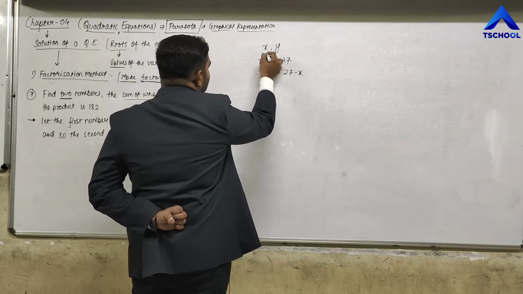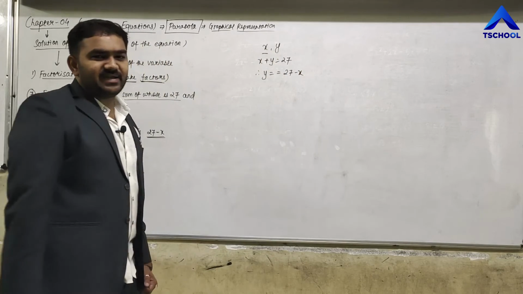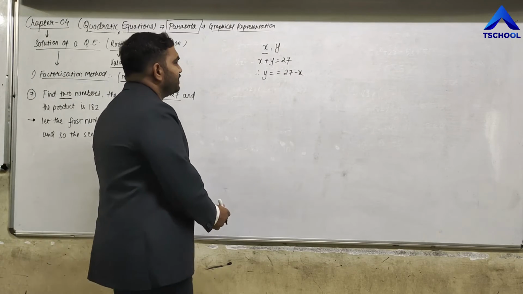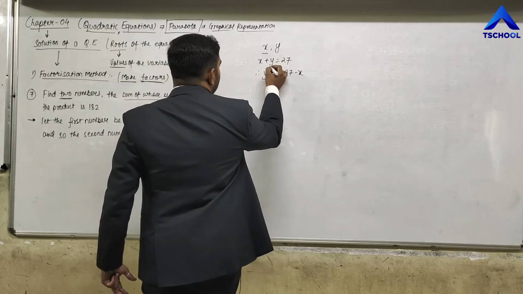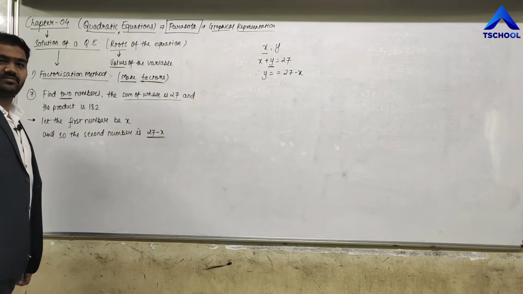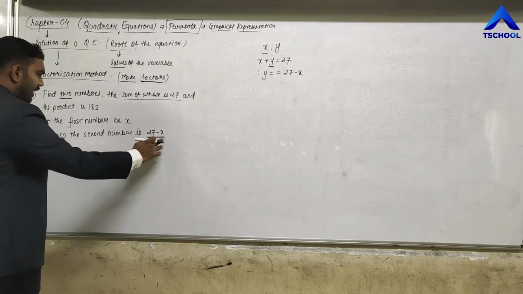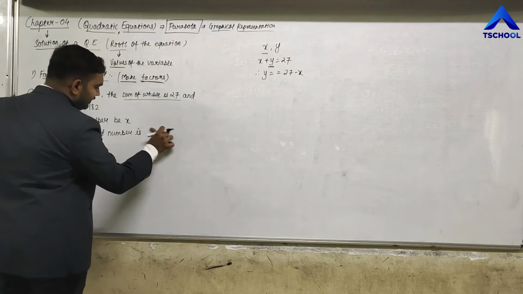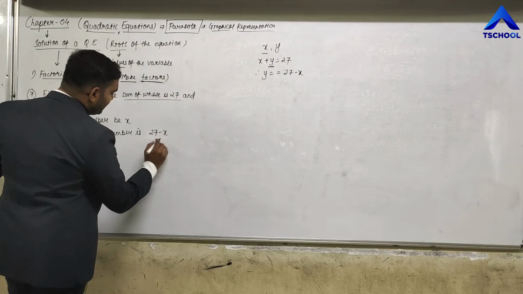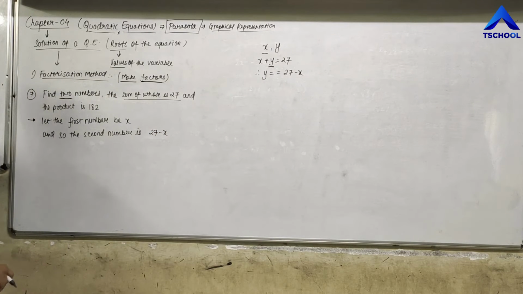So if I take x as my first number and y as my second number, then the second number is 27 minus the first number. Yes or no? So I have directly written here that the second number is 27 minus x. Now we got the numbers here, that is x and 27 minus x.